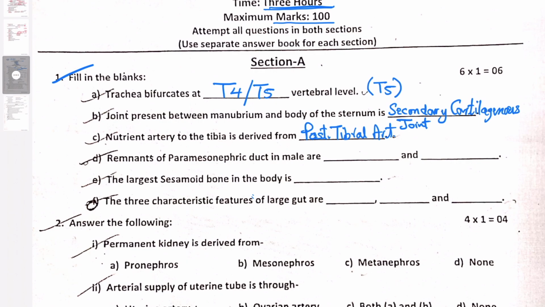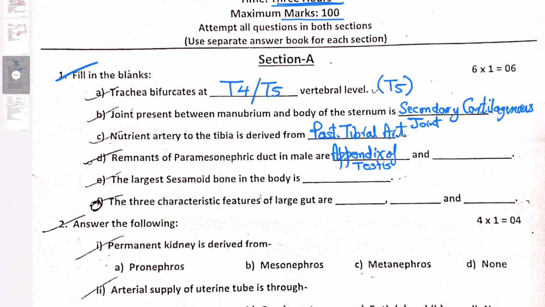So when this is not happening in males, that means this will degenerate in males, but its terminal portions persist in a rudimentary form. The upper end, the cranial end, and the caudal end at the lower end. So at the upper end, it persists in the form of appendix of testis. And at the lower end, it will persist in the form of prostatic utricle.